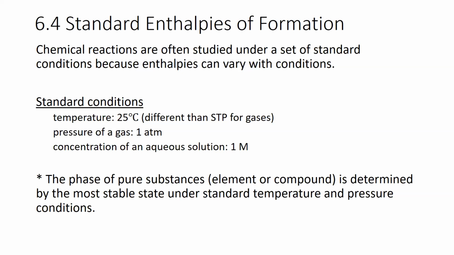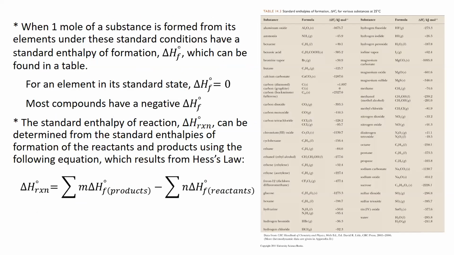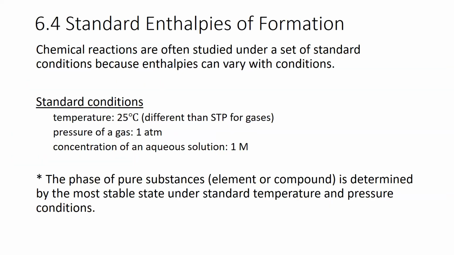So the standard enthalpy of formation is a chemical reaction that is listed in a table. We're going to see a table here in a second, so we'll come back to this table. But basically it's a chemical reaction that occurs under a standard set of conditions.